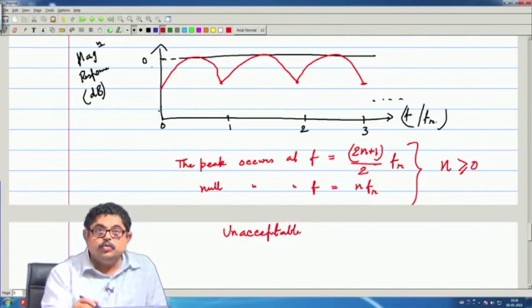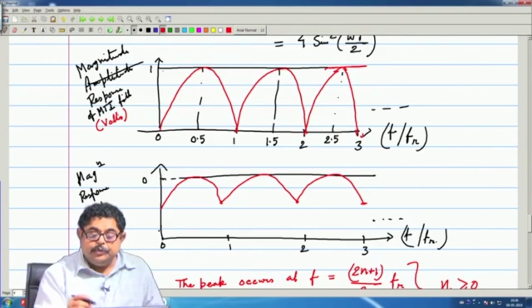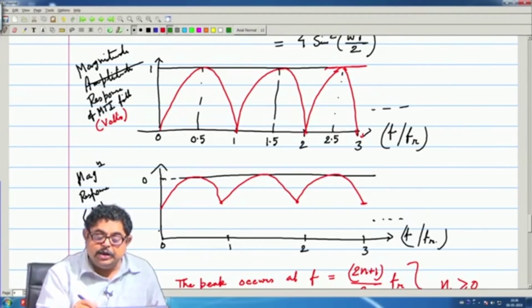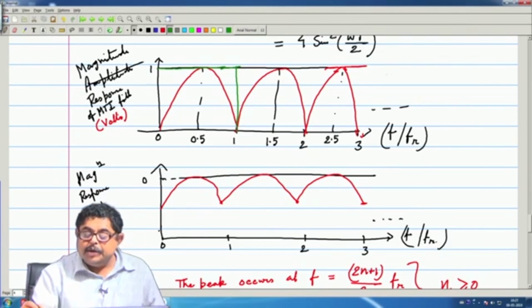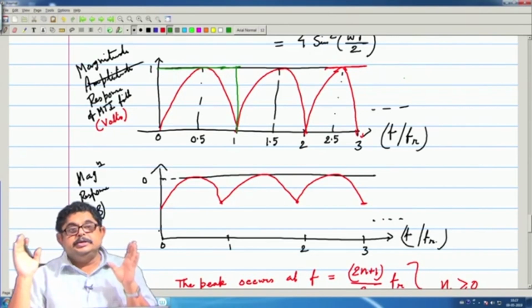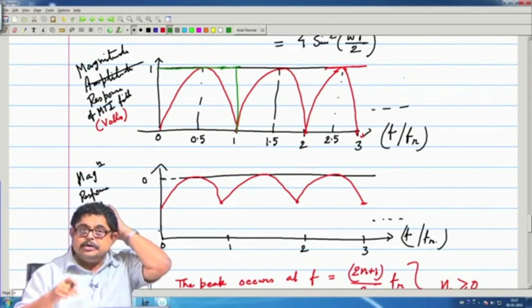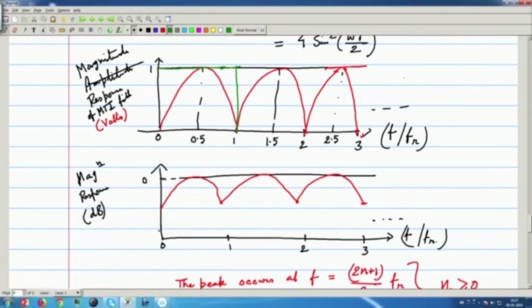Actually, what do we want? We want that this thing should be something like this. Ideally, I should have something here, and at 1 it should go there, then everywhere it is uniform. So that all the target speeds are given correctly, and at integral multiples of Fr there should be a 0 position.